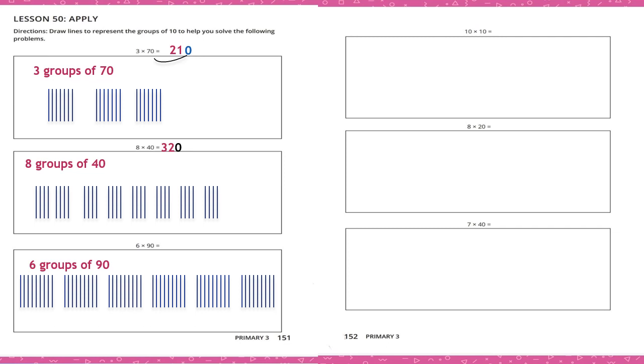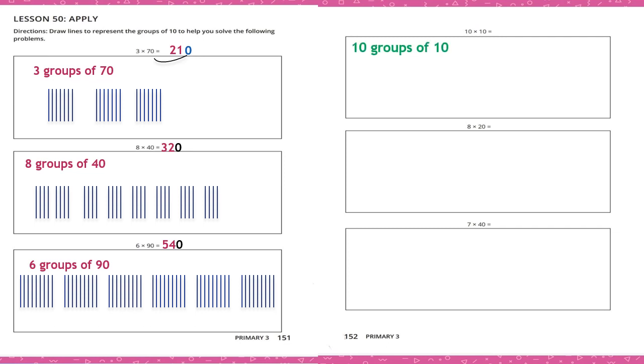But if I want to solve them using multiplication, I will take 0 out. I said before, if I have 0 in factors, I will take 0 out and multiply 6 times 9. 6 times 9 is 54, and we have 0 here in ones. So the total is 540.